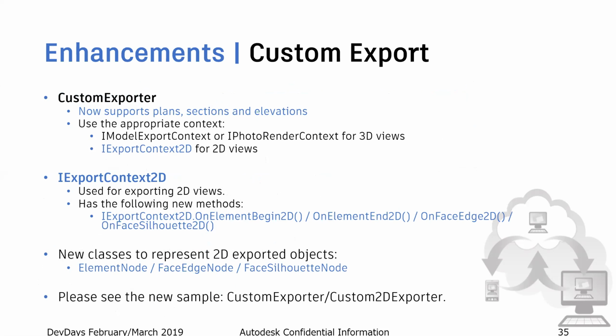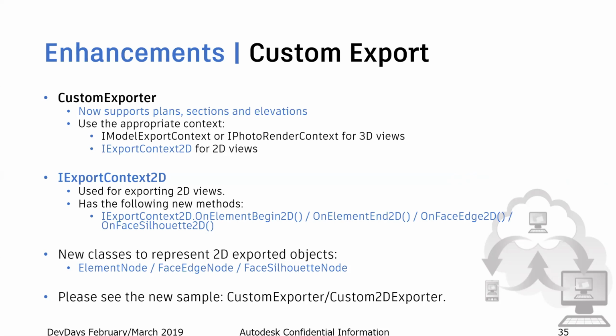It has 4 new methods in addition to the base class, IExportContext. These are specific to 2D objects, in terms of 2D elements: the beginning of an element, the end of that element, getting an edge, and a silhouette.